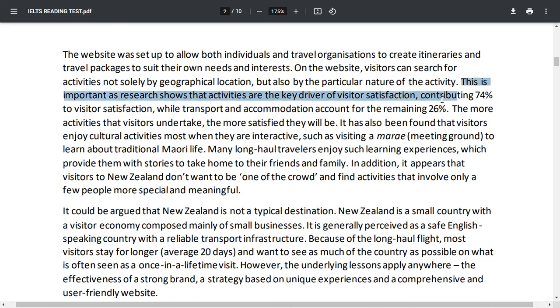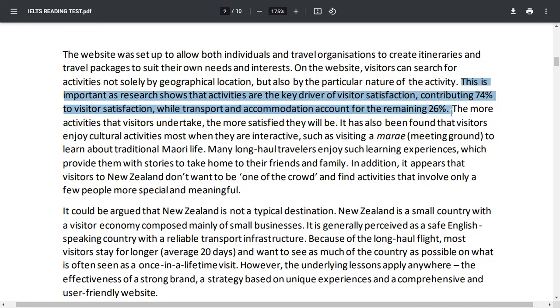This is important: research shows that activities are the key driver of visitor satisfaction, contributing 74% to visitor satisfaction. It also says that transport and accommodation account for the remaining 26%.